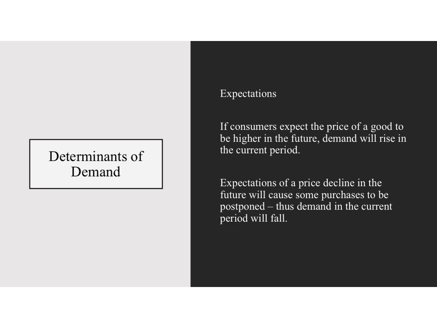If prices are expected to fall in the future, then some consumers will postpone purchases and demand in the current period will fall. Notice we're talking here about expectation of future prices, not the current price. Change in the current price results in a movement along the demand curve, not a change in the demand.